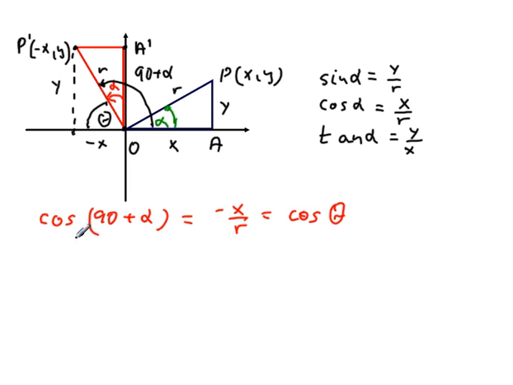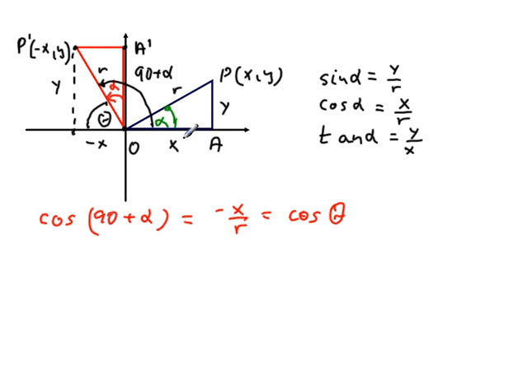But to say that cos 90 plus alpha is equal to cosine theta is not really good, because we have two variables. We want to express cos 90 plus alpha in terms of angle alpha.